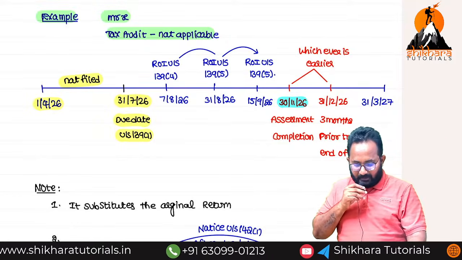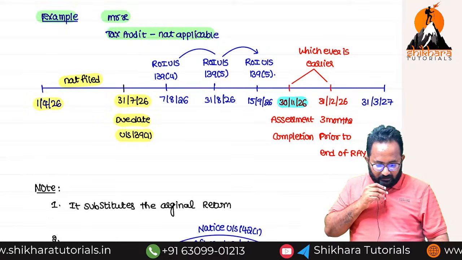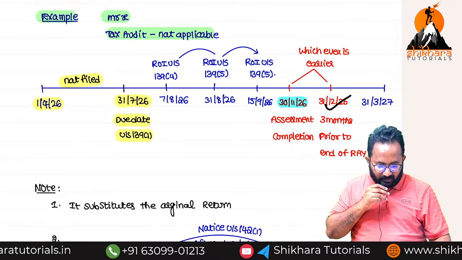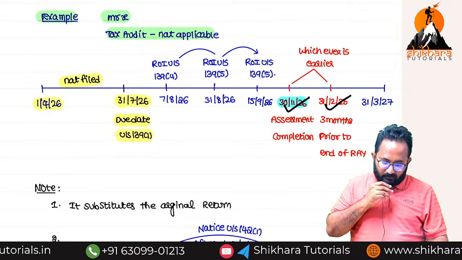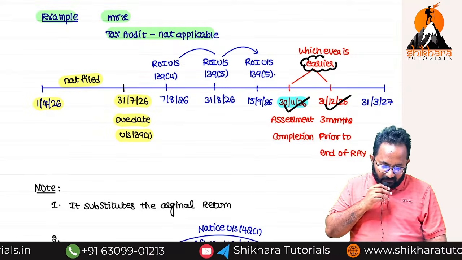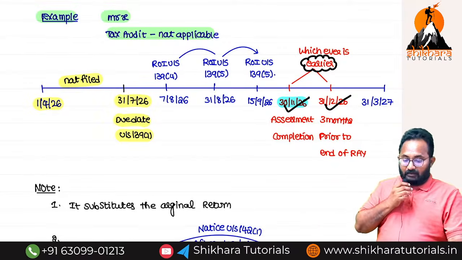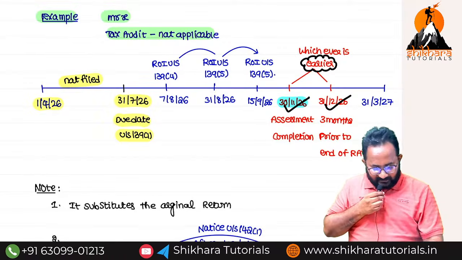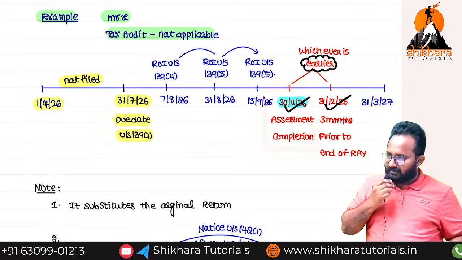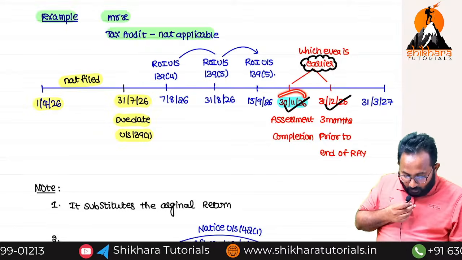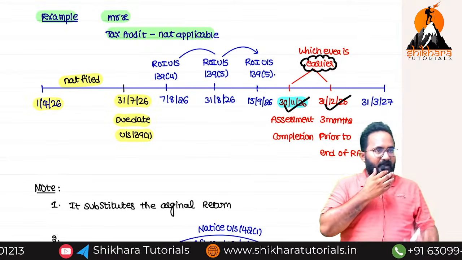What is the time limit? 3 months prior to end of the relevant assessment year or assessment completion, whichever is earlier. Assessment completion date I gave in the data, so that's why it is earlier. Before this date we have to file the belated return.